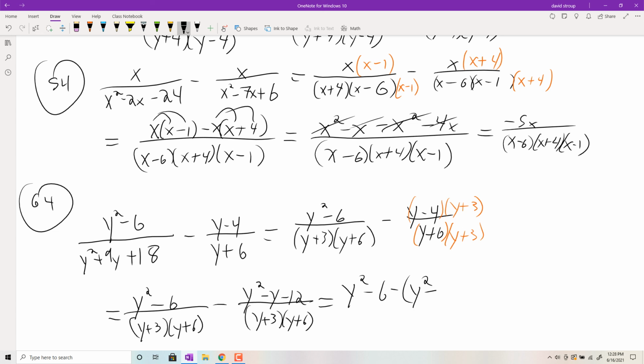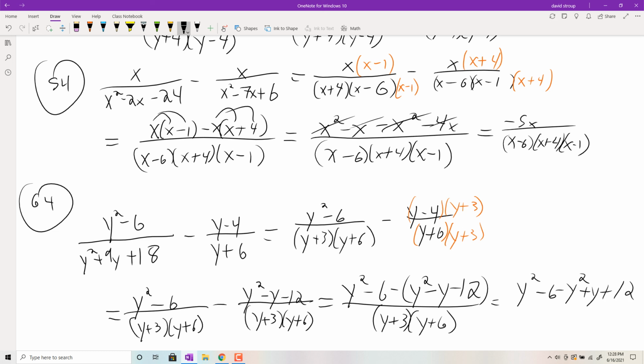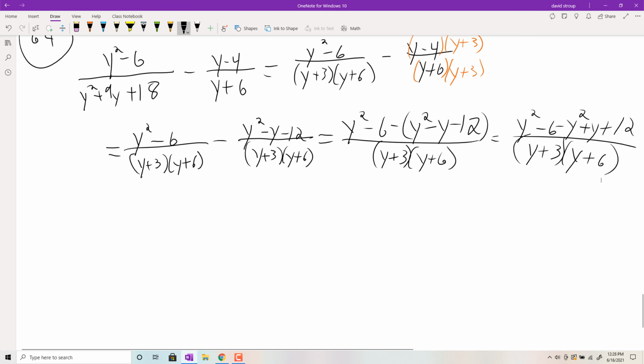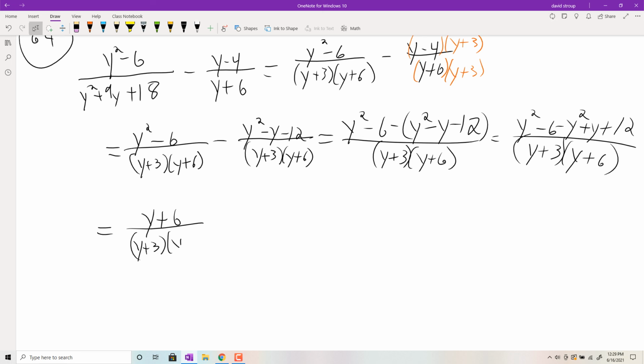And of course you have to distribute the negative. So I'm getting y squared minus 6 minus y squared plus y plus 12. And then your y squareds cancel, and you're getting a y plus 6. So we'll have a neat little cancellation there as well with these y plus 6's. And of course you just get 1 over y plus 3.